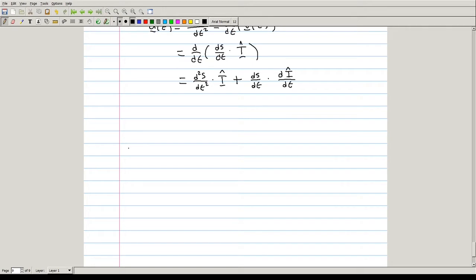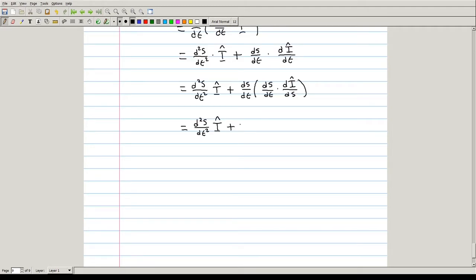And if you remember the chain rule from before, this derivative is the same thing as ds/dt multiplied by the rate of change of the unit tangent vector with respect to arc length.